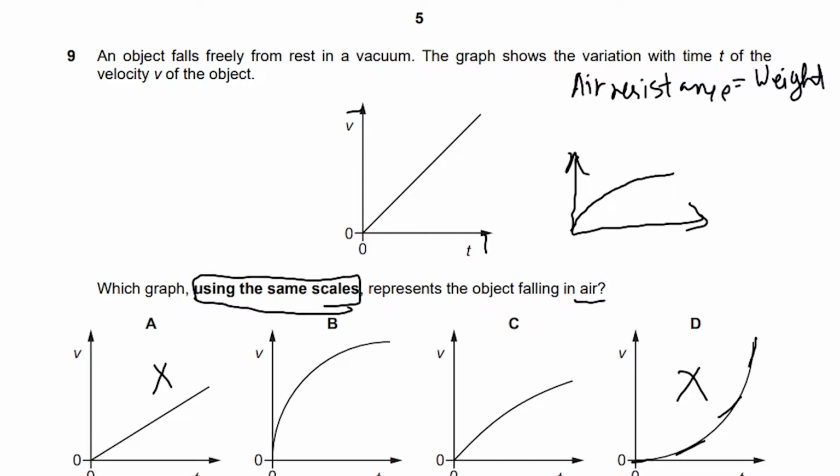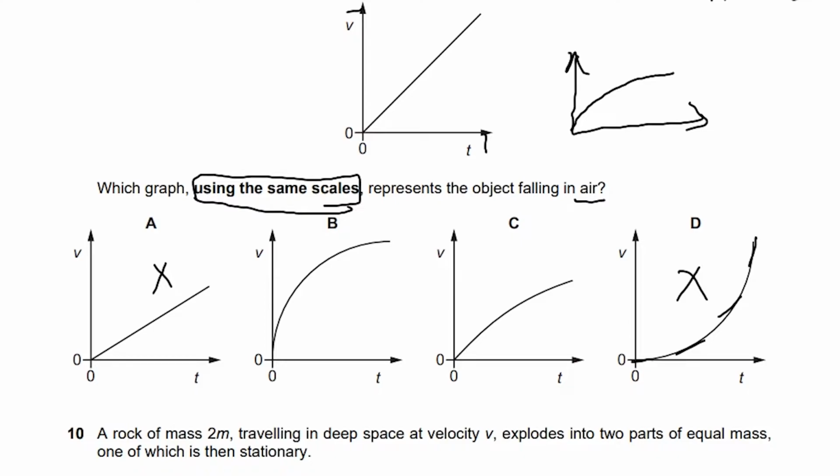Okay, so see, if there's air resistance acting, obviously the velocity reached cannot be equal as in option B. And in the graph where the object is in vacuum, you can easily see that the velocity both of these objects reach is equal. But this can't happen because when there is air resistance acting, there is a resistive force. So obviously you can't reach the same velocity. So option B cannot be the answer.